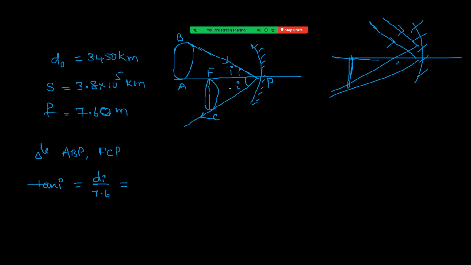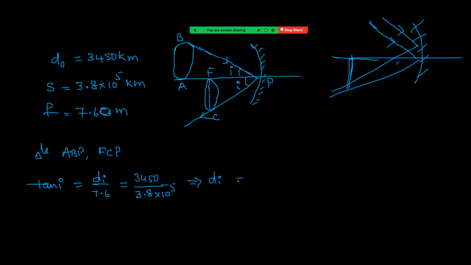That is equal to, in triangle ABP, tan I equals the diameter of the object, that is 3450 kilometer, upon EAP. EAP means the distance of the moon from the earth, that is 3.8 into 10 power 5 kilometer. Right? Now see what the answer is.